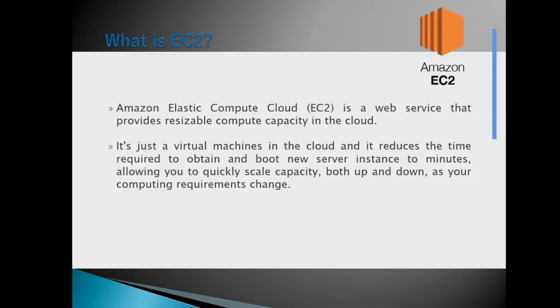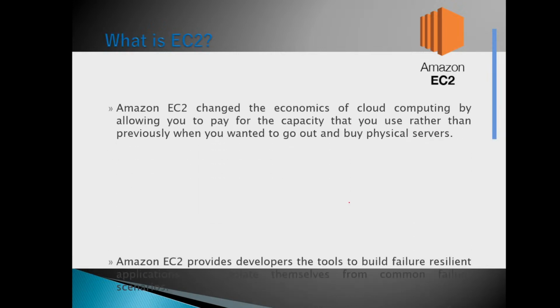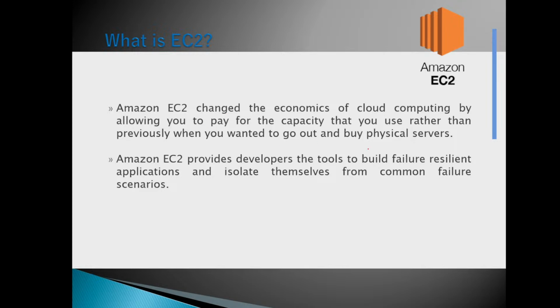Okay, so these are a few examples of virtual machines. EC2 is a virtual machine in the cloud. You can get any size of machine. You don't have to go and buy a physical server. You can ask for any size and shape of machine, and you can create fault tolerant applications and isolate them from common failures.